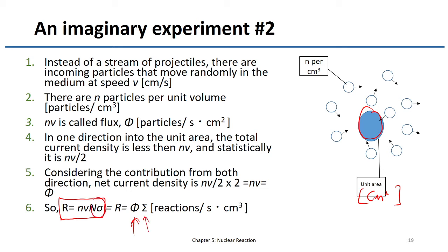This one does not change in imaginary experiment 2. Uppercase N multiplied with sigma is still the same, because the nature of the target nucleus remains the same, only the incoming projectiles are different.